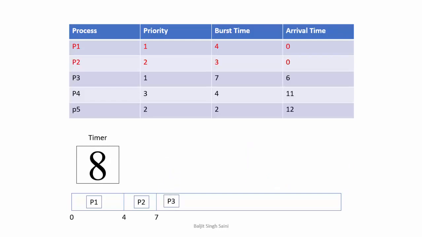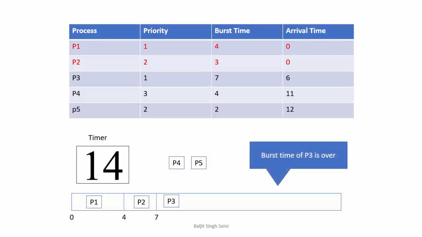So while P3 is executing, at time 11 P4 arrives and at time 12 P5 arrives. P3 finishes at time 14. Now we need to decide which out of P4 and P5 is having higher priority. So P4 is having priority 3 and P5 is having priority 2.